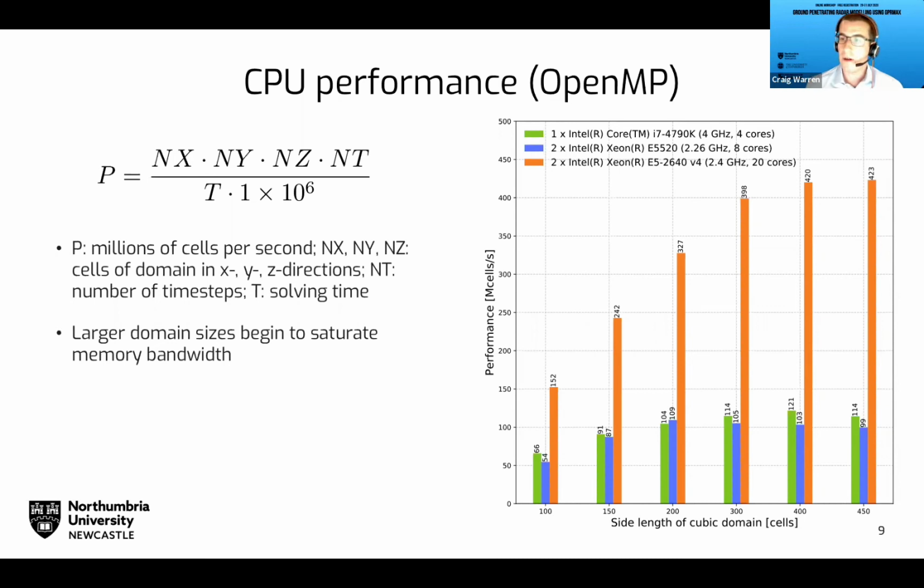One of the takeaways from this, if you look at the 400 and 500 cubed domains, is that the performance begins to saturate at around 400, 420 million cells per second for the 20 core machine.